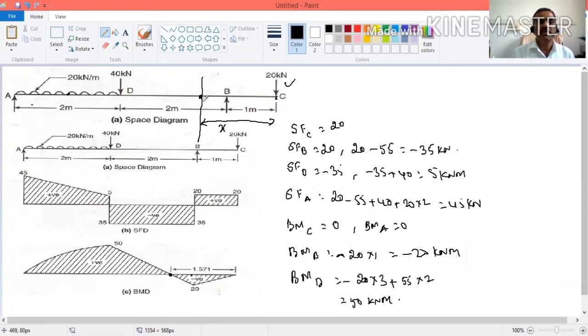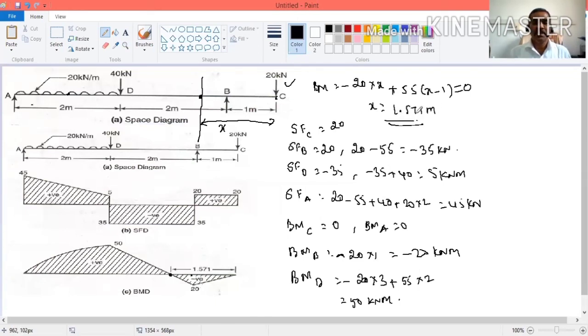If you write the bending moment considering the right side, the bending moment is equal to minus 20 into x, since this is a clockwise moment, plus 55 into (x minus 1), equal to 0. Find the value of x. x is equal to 1.571 meters.